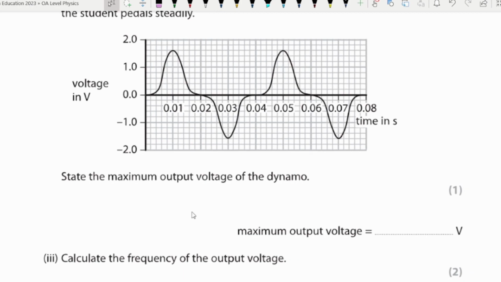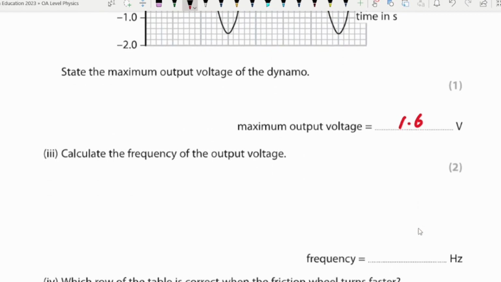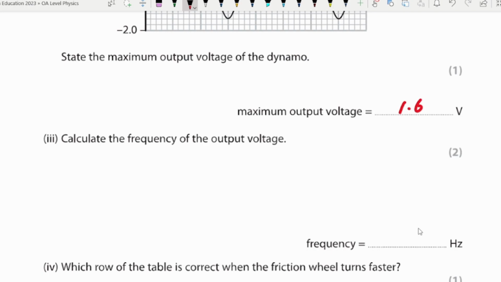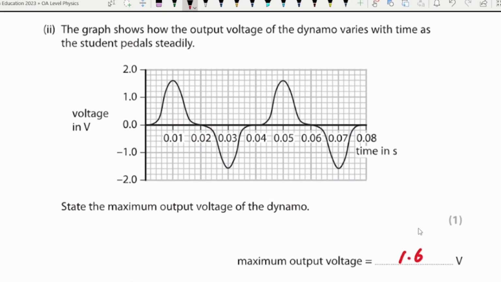So the maximum output voltage, either you can write plus 1.6 or negative 1.6, whatever you want to. Unit is already there. The next one is calculate the frequency of the output voltage. So frequency simply means the number of waves in 1 second. Now in this one, it is slightly difficult for you to directly calculate the frequency because you don't know how many waves are there in 1 second.